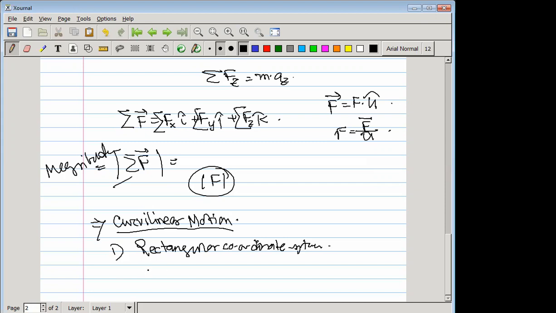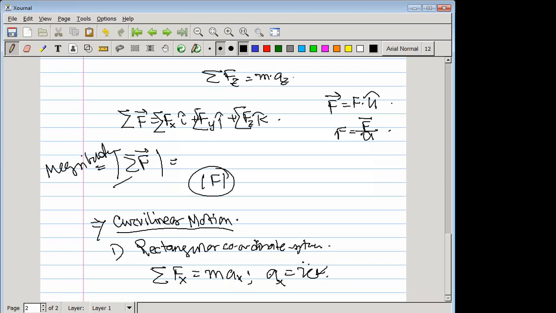Under the rectangular coordinate system, to apply the kinetics, the force on any particle along x is nothing but mass into acceleration, where ax is nothing but x double dot, the second derivative of the displacement.